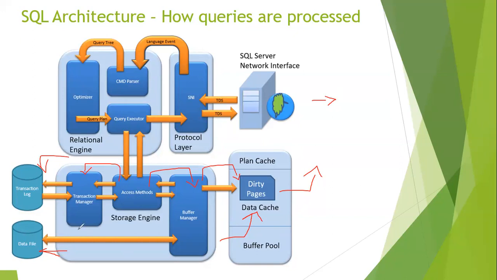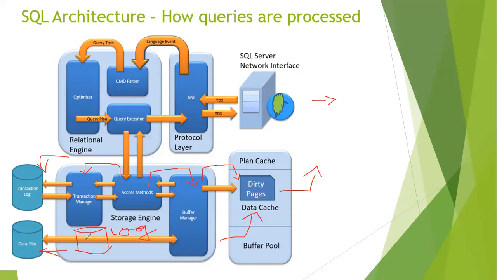Before writing into the transaction log file, you have a log cache in the memory itself, right? So every single transaction, we will not write directly into the transaction log file. Before writing into the transaction log file, you will have a log cache.